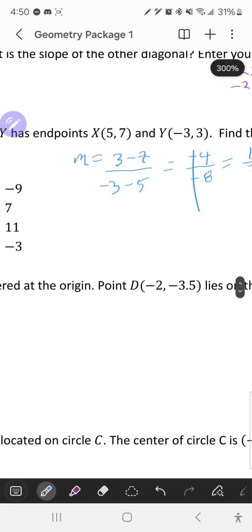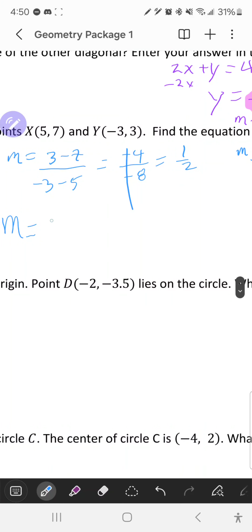and therefore we need to actually find the midpoint. The formula for the midpoint is x1 plus x2 divided by 2, comma, y1 plus y2 divided by 2.